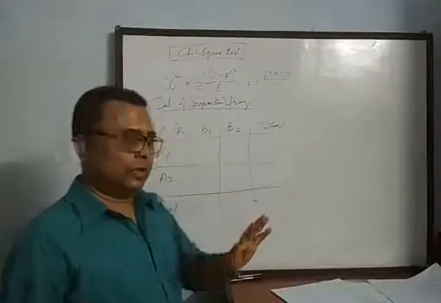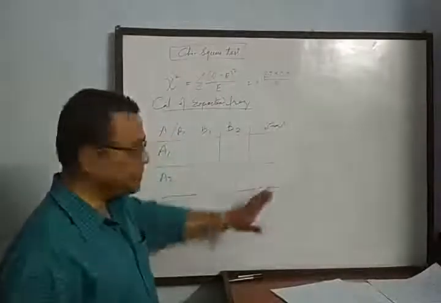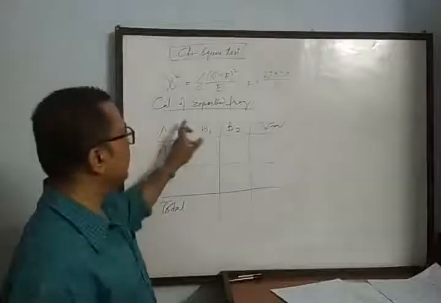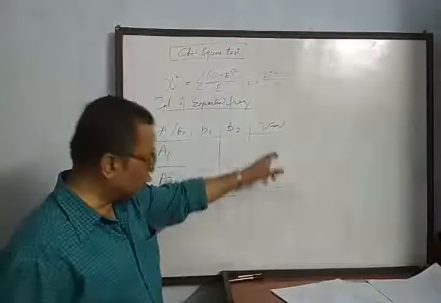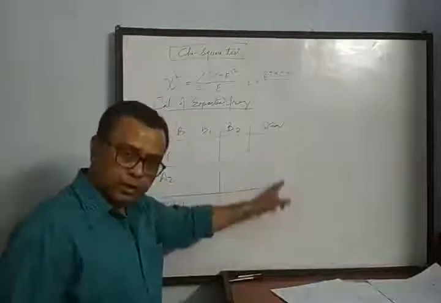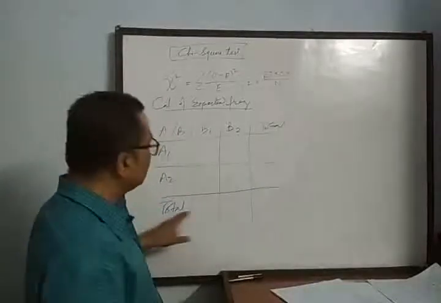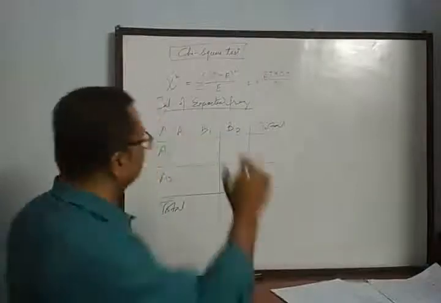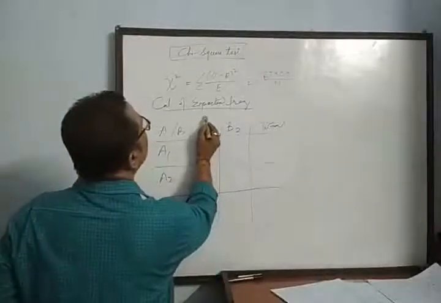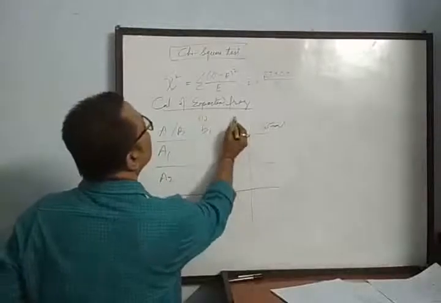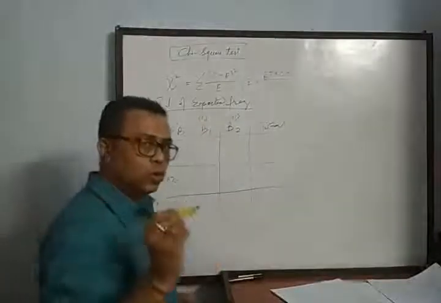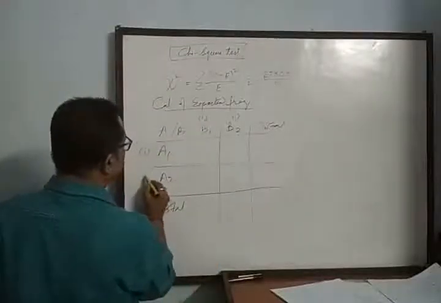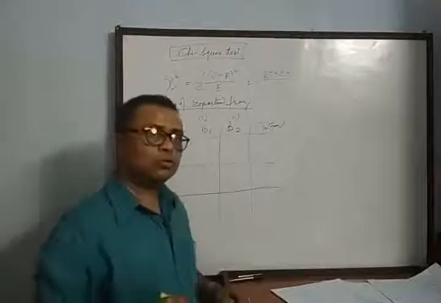Now you will find in this grid A and B, the total of the column and total of the row. Now how many rows and columns are there? Column 1 and column 2, and row 1 and row 2.